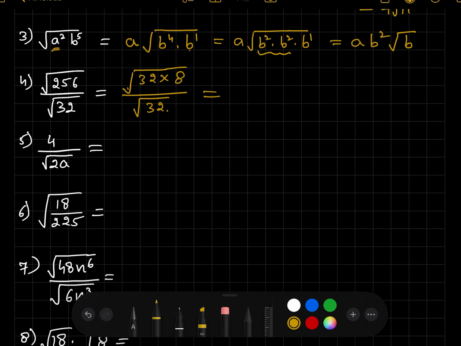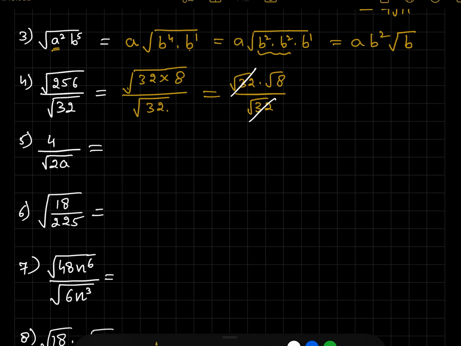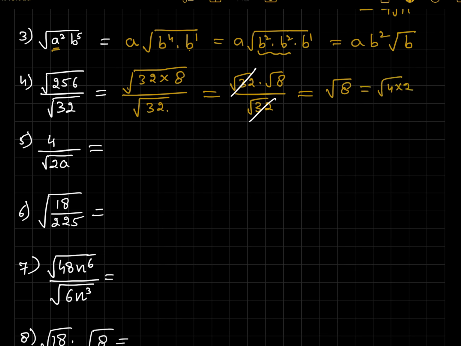Now I can split it and cancel out the square root of 32. Then I am left with the square root of 8. Square root of 8 can be written as 4 times 2. Square root of 4 is 2, which will come out, and square root of 2 remains inside. So this is our simplified radical sign.